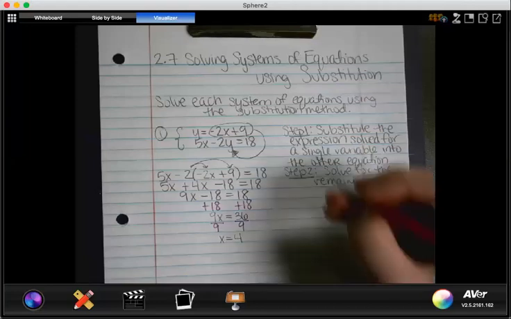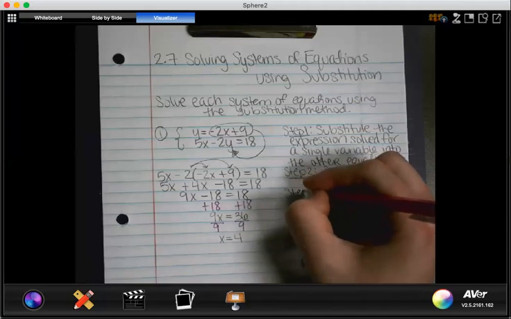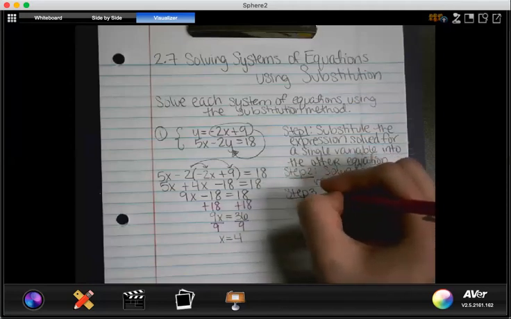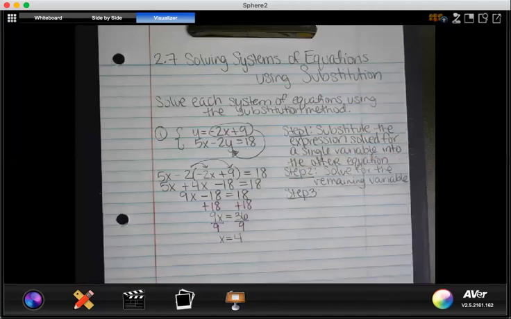From here, we're going to complete step 3, now that we've solved for our first variable.